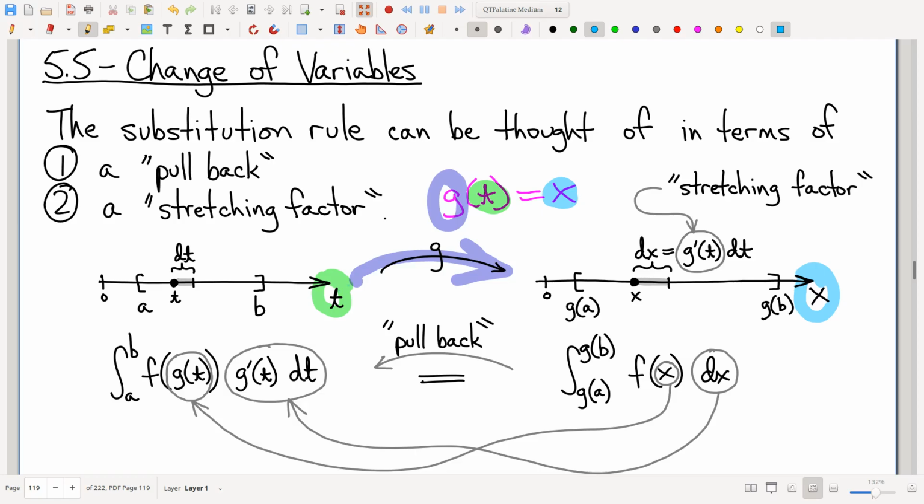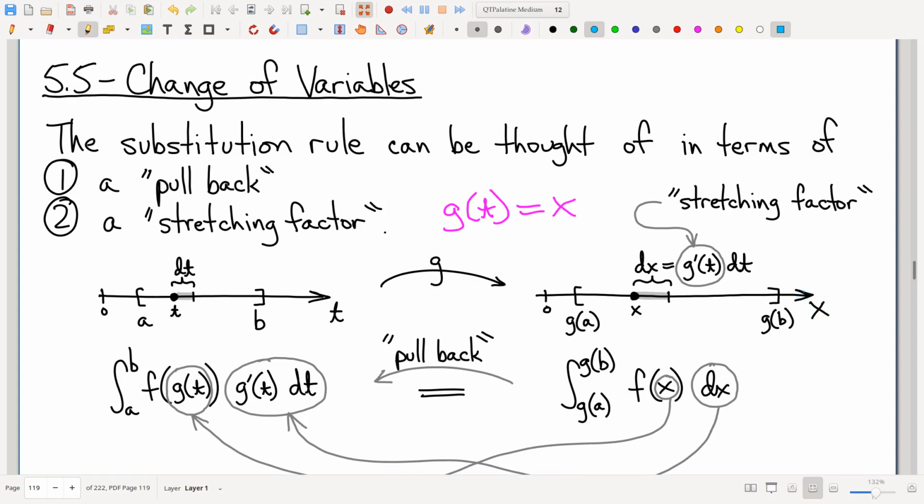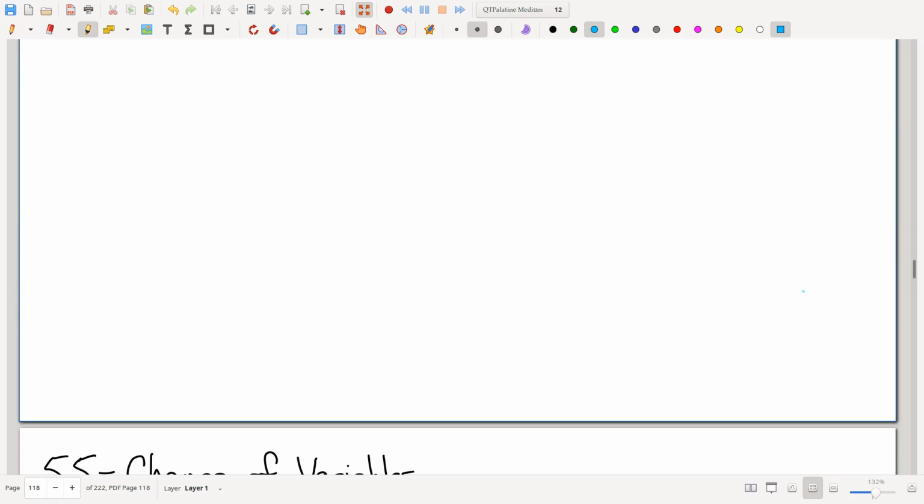Okay, so a couple of big ideas that I want to talk about related to what we just wrote down. First is the idea of a pullback, and I'm going to come up to some blank space up here and give you an easy first example of a pullback.